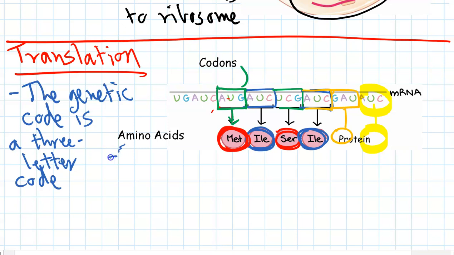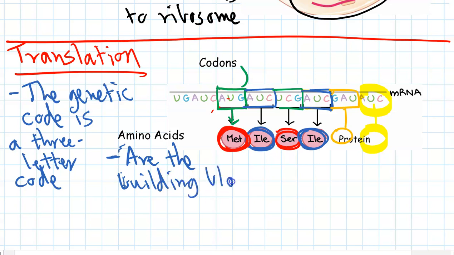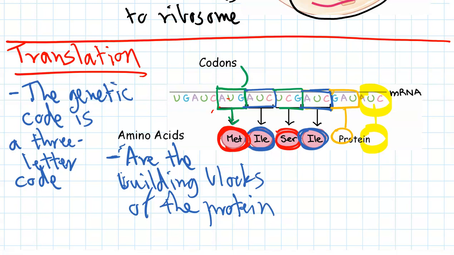So, amino acids, they're the building blocks for actually making the protein. The codons are a code for a particular amino acid, and they're a 3-letter code.